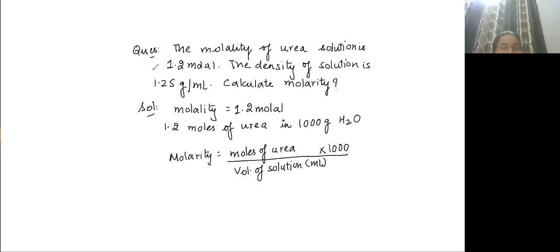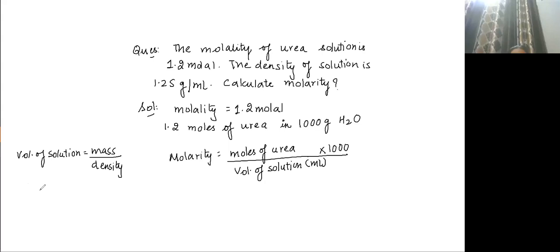Density is given. How will you calculate volume if density is given? Volume of solution is equals to? Good, Vaishnavi. Correct. It will be mass of solution divided by density. And how will you calculate mass of solution?